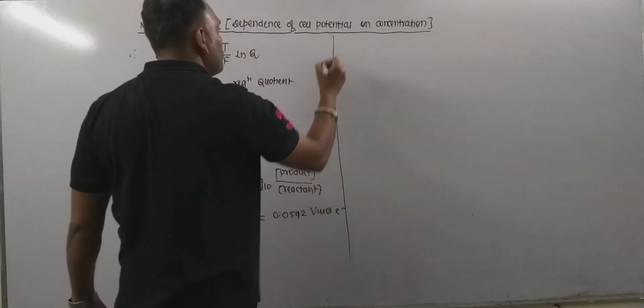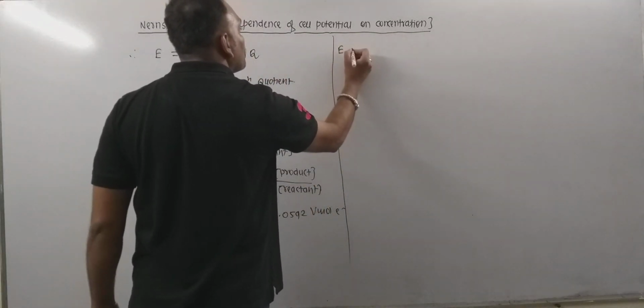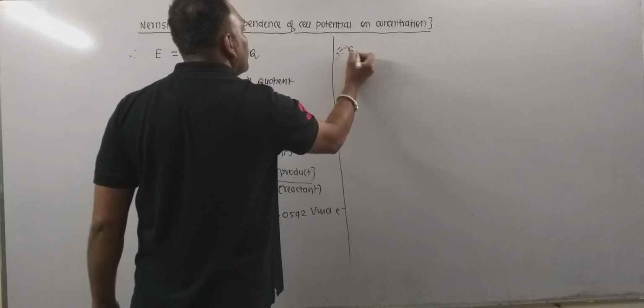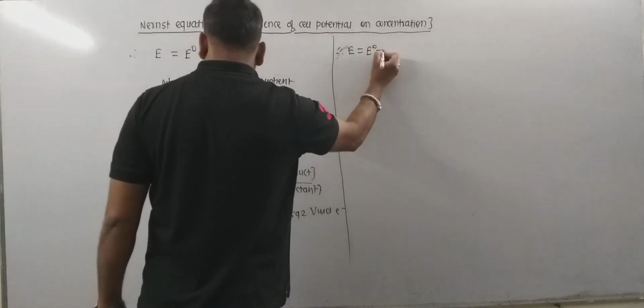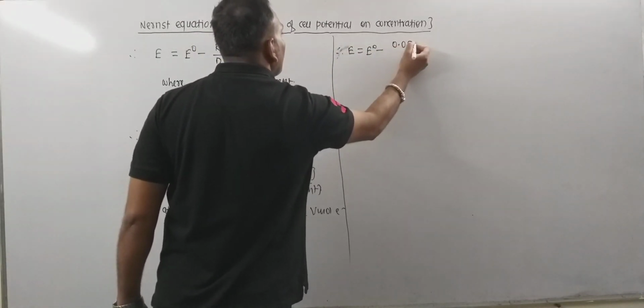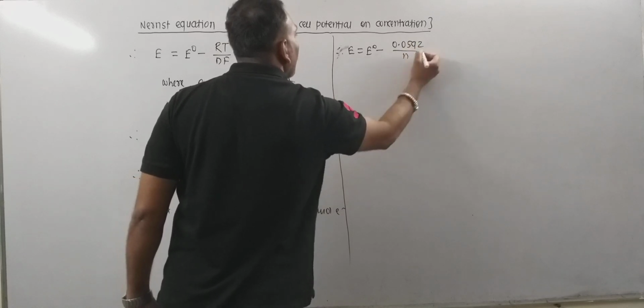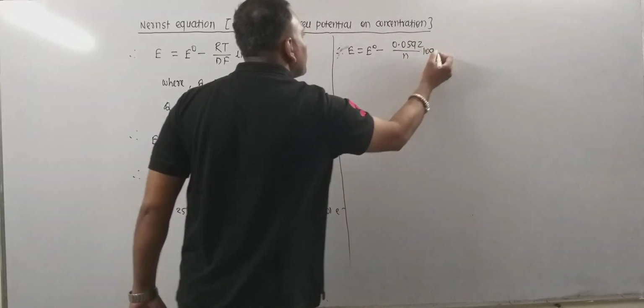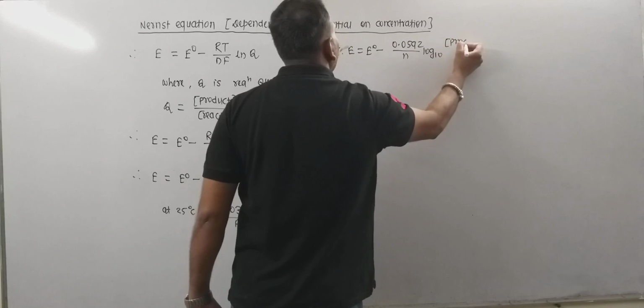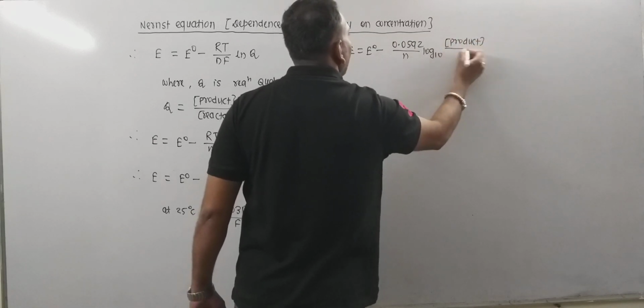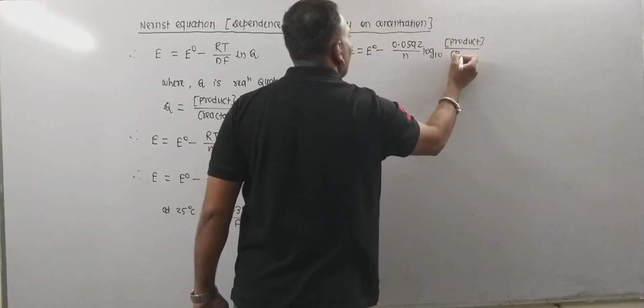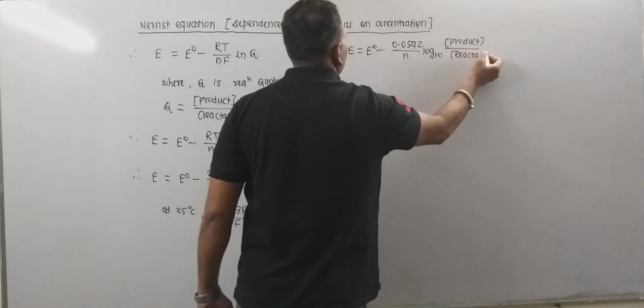Thus the equation becomes E equals E naught minus 0.0592 upon N log base 10 concentration of product upon concentration of reactant.